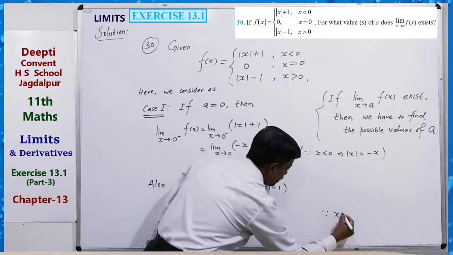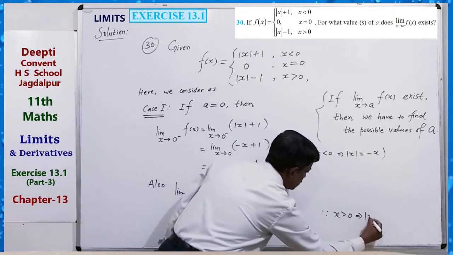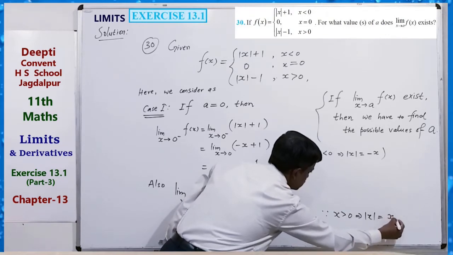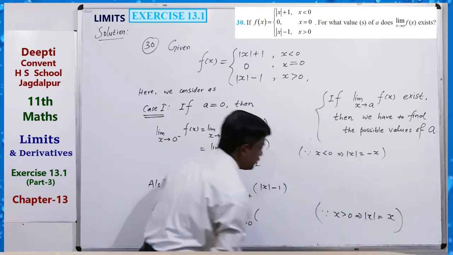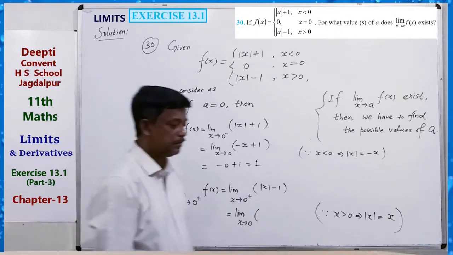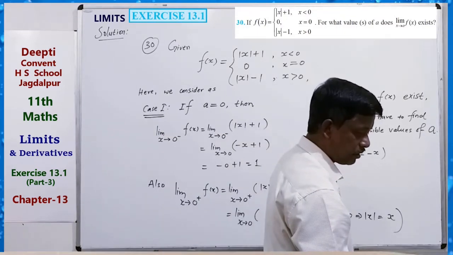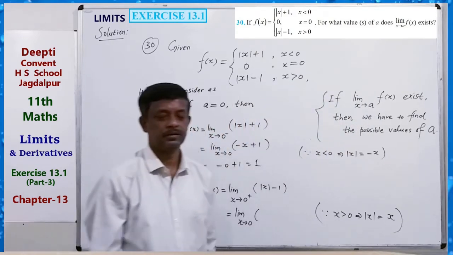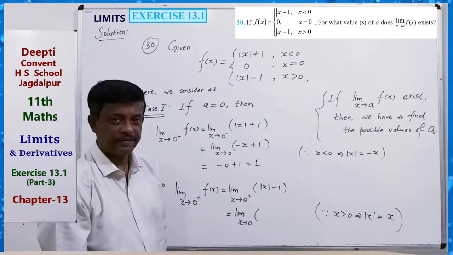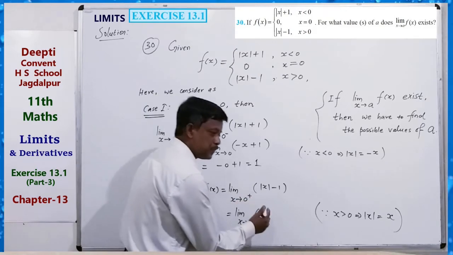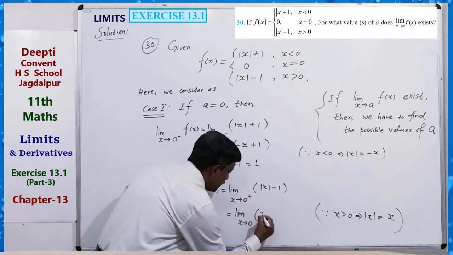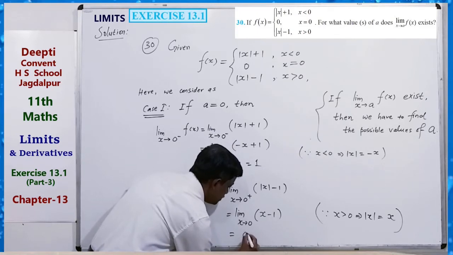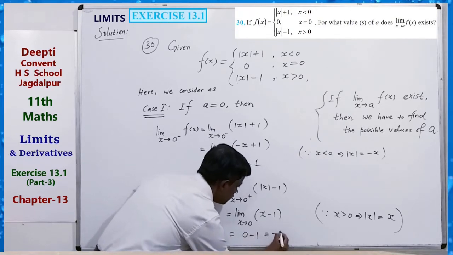Since x greater than 0 implies mod x equals x, we get x minus 1, so 0 minus 1 equals minus 1.